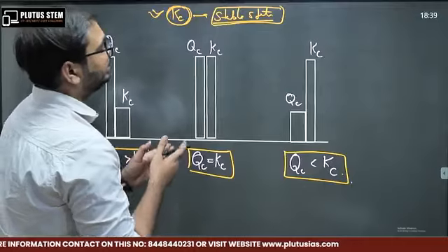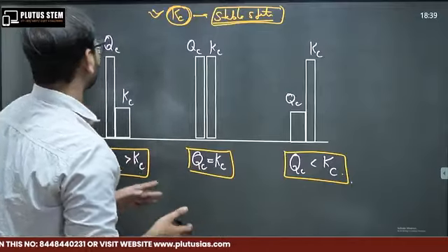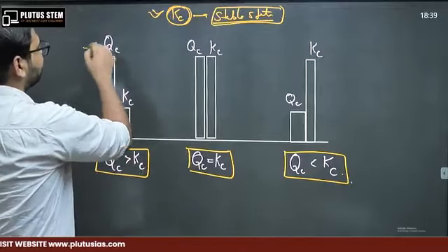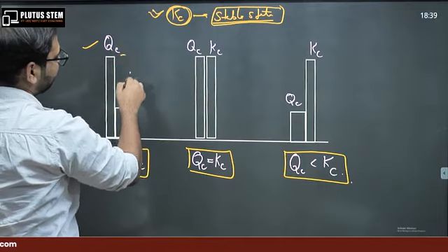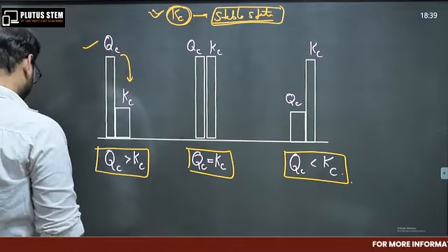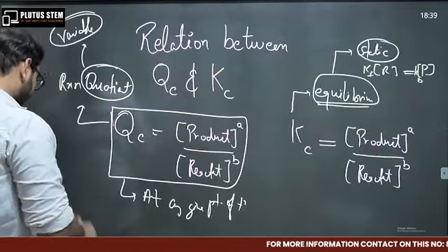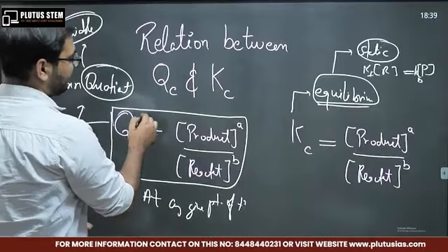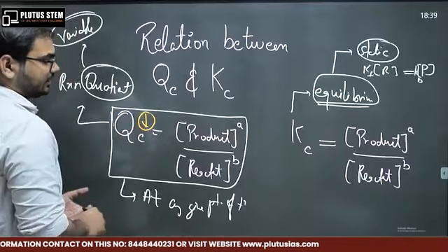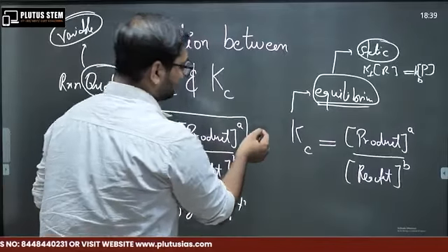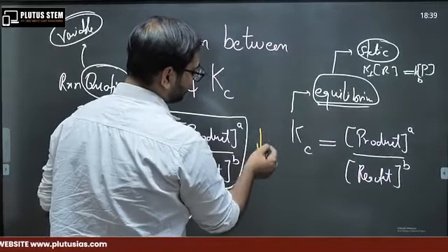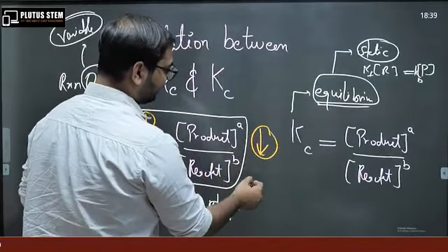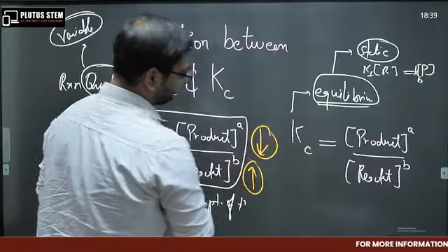Since equilibrium is the most stable state, in which way is it possible that Qc can reach the value of Kc? That means in this case I need to decrease the value of Qc, and that can be done in two ways. I can either decrease the concentration of product, or I can increase the concentration of reactant.